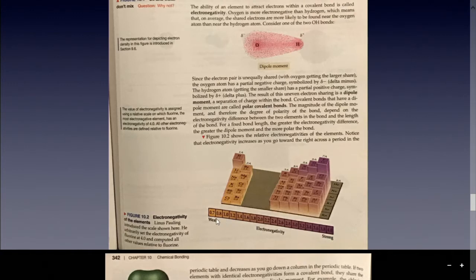And it makes sense. In fact, does cesium want to gain any electrons? No. Cesium is super, super eager to get rid of that one valence electron that it has that's way out on the 1, 2, 3, 4, 5, 6 energy level. So it's pretty easy to get rid of that electron. So this is kind of the opposite of ionization energy, essentially.